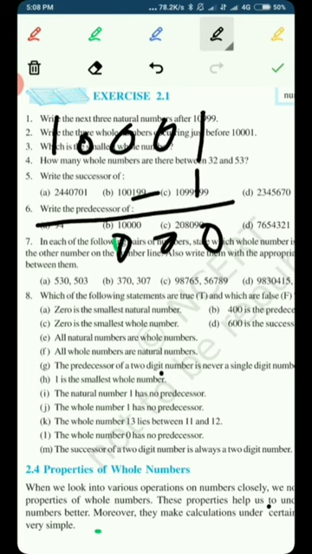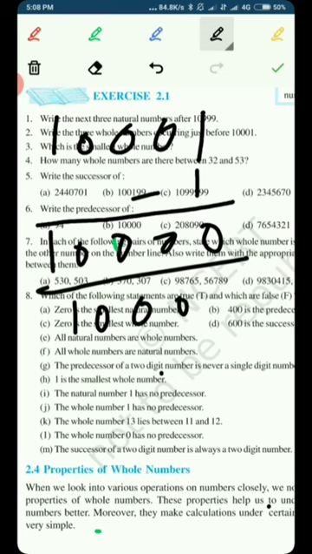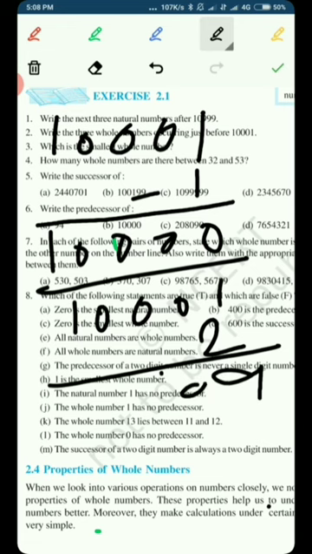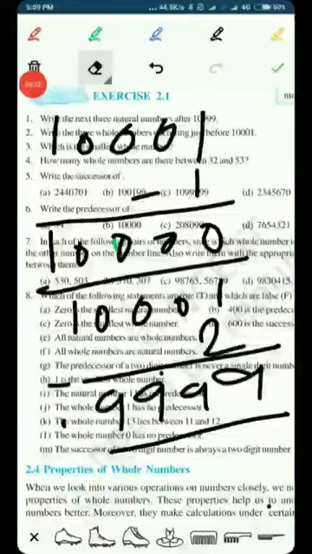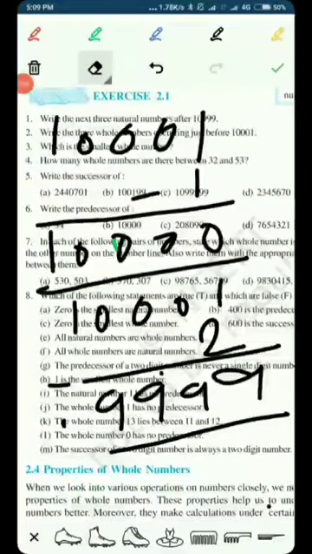What we get is 10,000. To find the next one, we will subtract 2 from 10,001, and what we will get is 9,999.